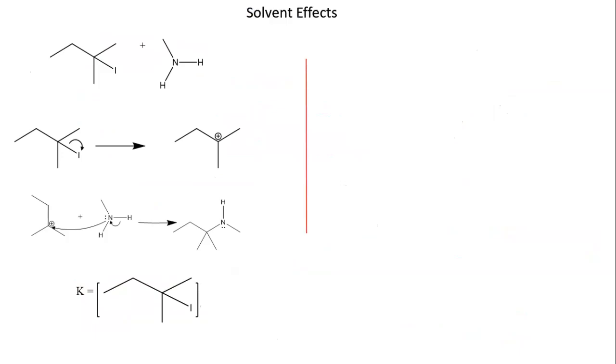So now if we look at this SN1 reaction, let's draw the energy diagram for it, and we'll show you the difference between different types of solvents. Don't worry, we're almost done with this lecture today. It's pretty long. So we have our energy and reaction progress.